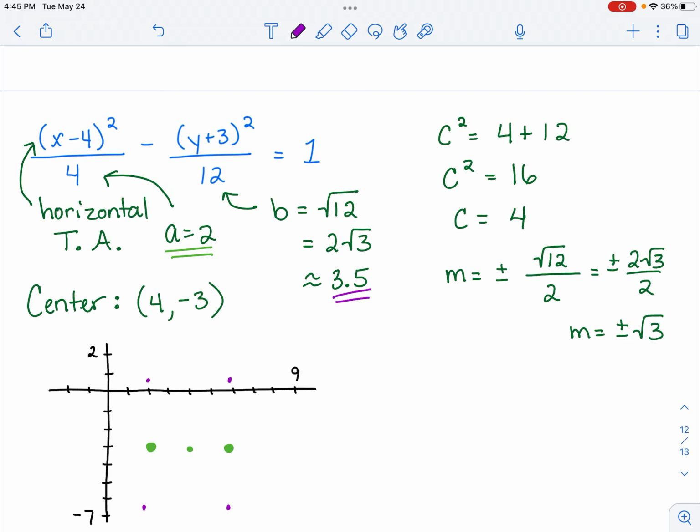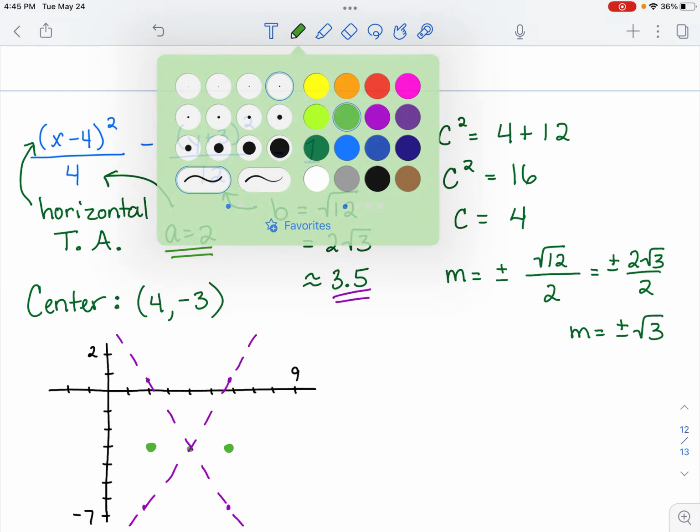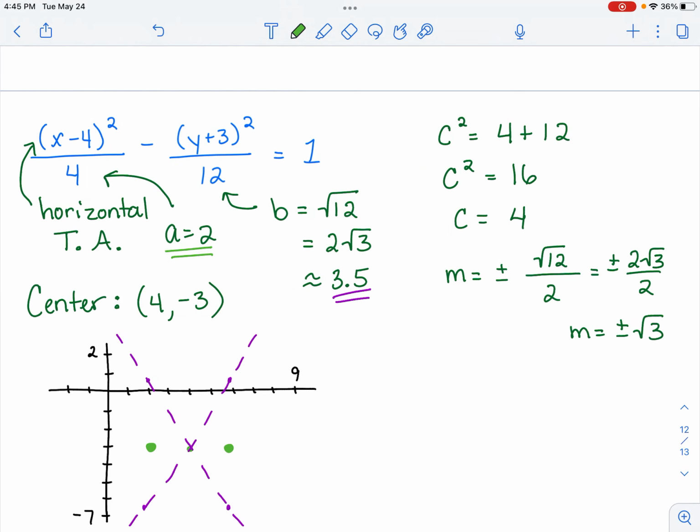And I'm going to draw my asymptotes through those 4 corners, but also through my center. So there's 1. And there's the other one. Okay. And now I'm going to draw my curves. So this is going to be a fairly wide one.